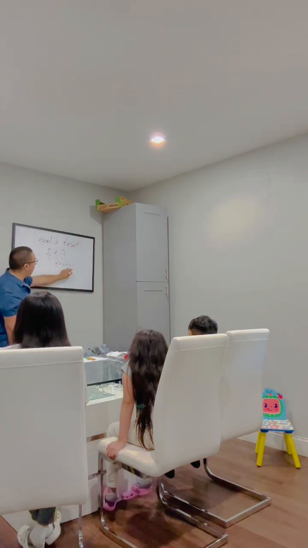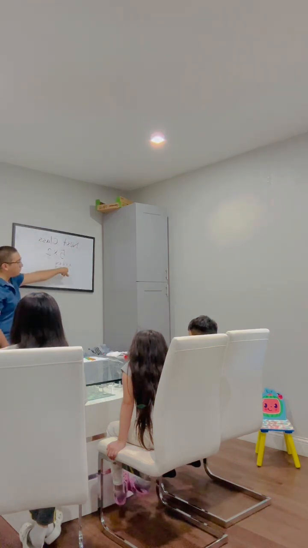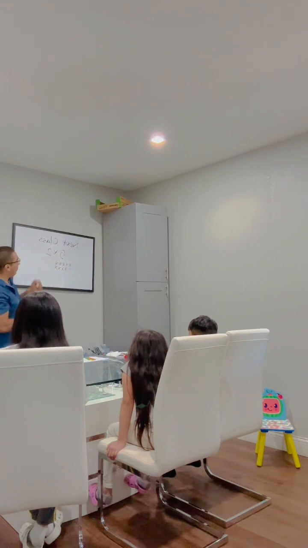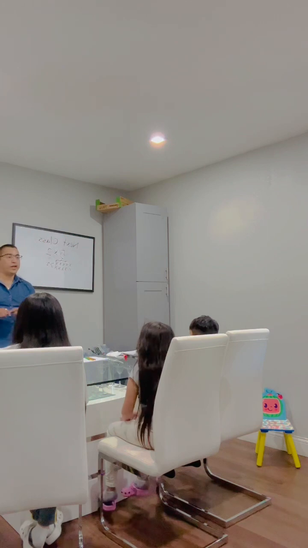So then the array will follow with another column of 5s. So you have 2 rows of 5s, and then you have 5 columns of 2s. You see that? So you have the 2, and then you have the 5. This is what we're going to be covering for the next class.